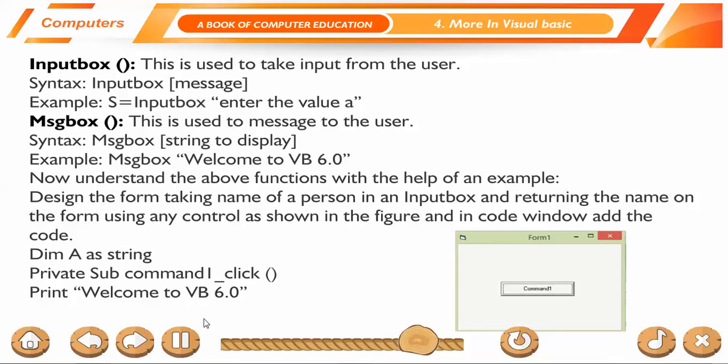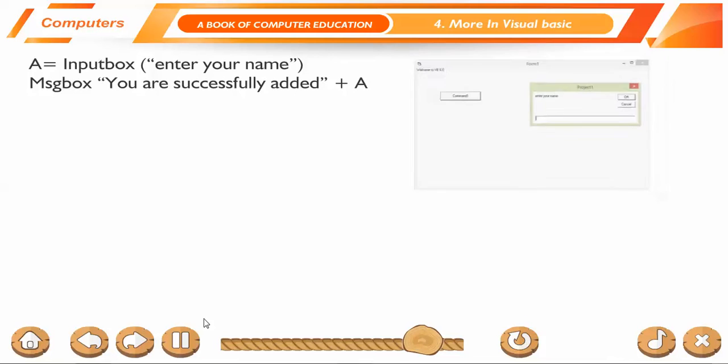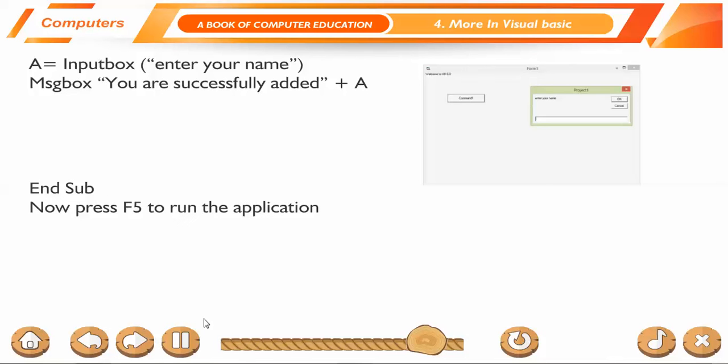Private Sub Command1_Click. MsgBox, Print welcome to VB 6.0. A is equal to InputBox enter your name. MsgBox you are successfully added plus A. End Sub. Now press F5 to run the application.